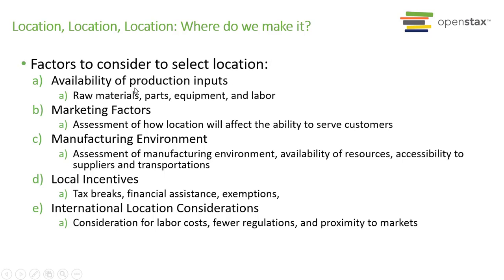There's several. Availability of production inputs, accessibility of raw material, parts, equipment, or even labor, skilled labor for what you're trying to do. When we covered the global chapter earlier in this class, maybe you'll remember the word agglomeration.